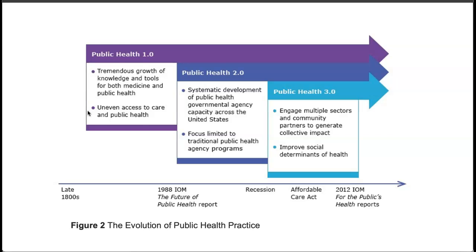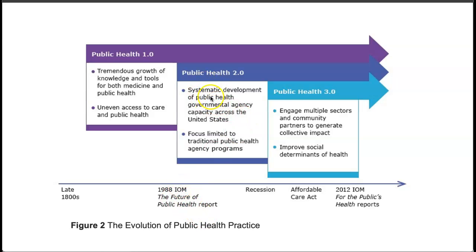practice, right? So you can see that in Public Health 1.0, we had a lot of growth, a lot of new knowledge, new tools. For 2.0, these dates are a little bit arbitrary, but they're saying it began in about 1988. That was when the Future of Public Health report came out.